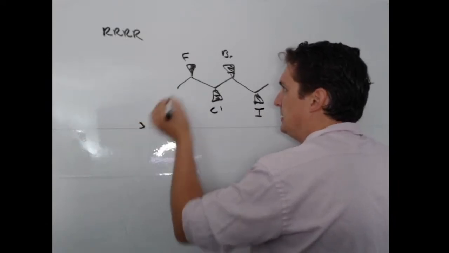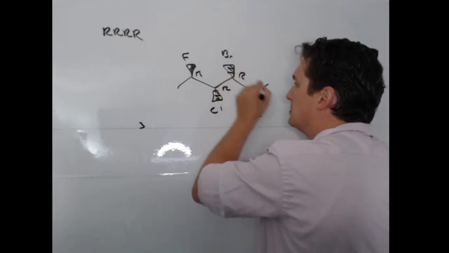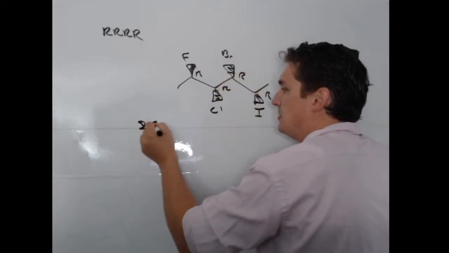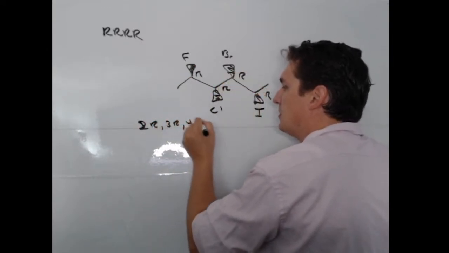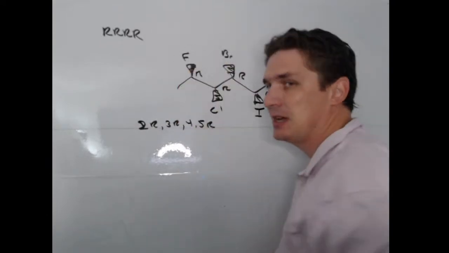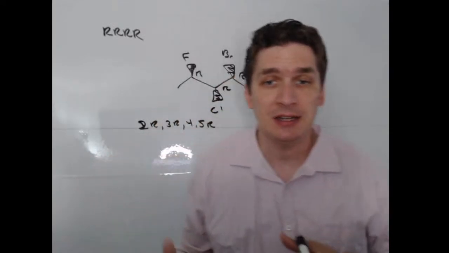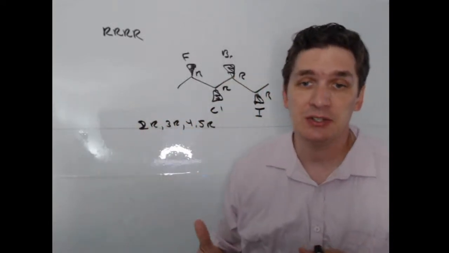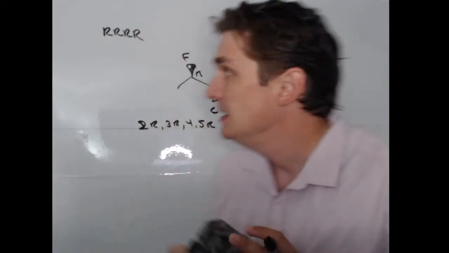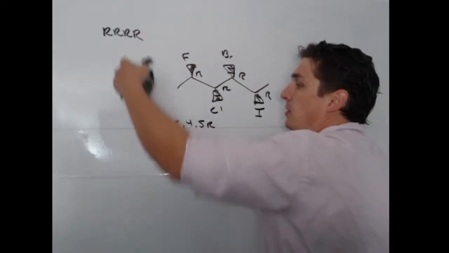Let's say these are all R. I don't actually know, but this would be 2R, 3R, 4R, 5R, whatever the name of this compound is. This is building you up to when we get to alkanes. If you can identify it as R or S centers, the naming gets really easy. So this is kind of approximating this.